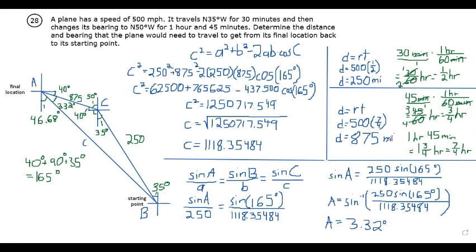All right. So now we can actually take the information that we have and try to see what we can put onto the triangle. Now the thing is the plane begins by traveling north 35 degrees west.